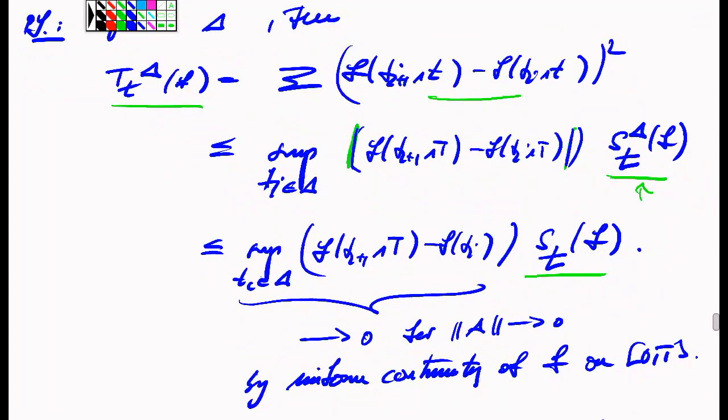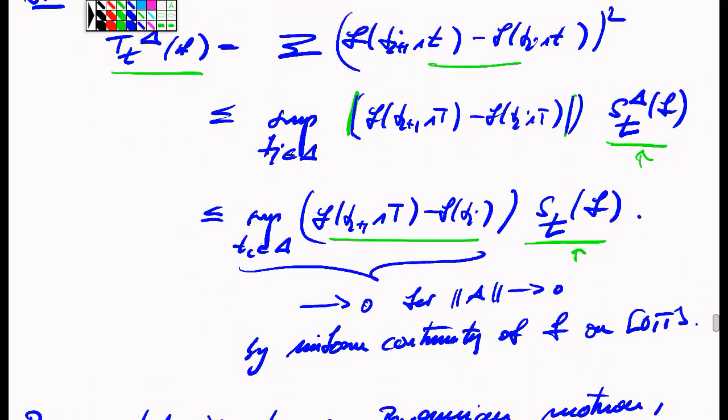The estimate which I end up with is that this approximation of the quadratic variation is bounded from above by the maximal increment of the function f on two of those grid points multiplied by the variation of the function, which on the right hand side here is a finite quantity.